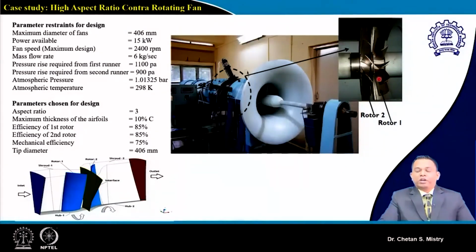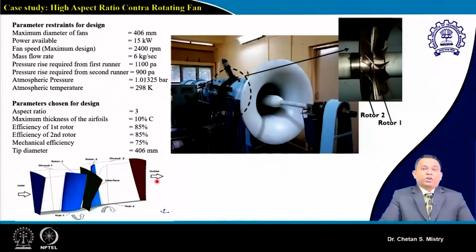Rotor 1 rotates in the clockwise direction, and rotor 2 rotates in the anti-clockwise direction. Now, in order to design this counter rotating fan, we need to use a computational tool. For that purpose we used NUMECA FINE for solving this design problem. Before finalizing, we need to go through a number of iterations.